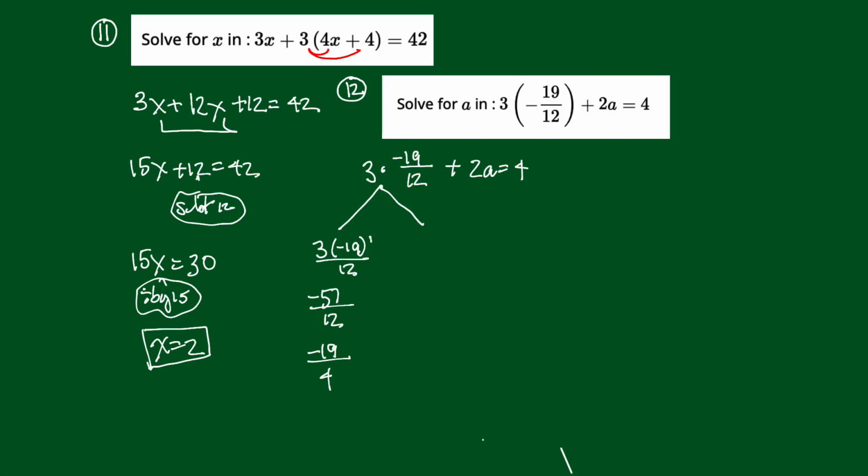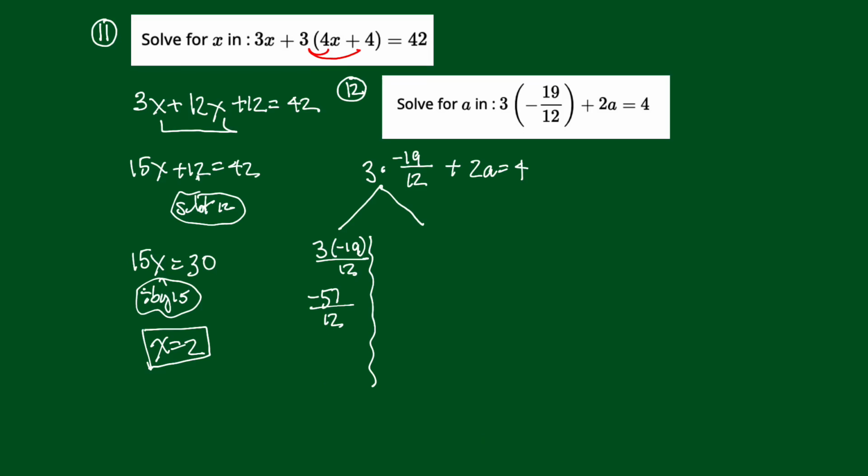Now, here is, I think, a better way to do it. Instead of multiplying the whole part by the top, why don't you just reduce it first? Just make a division. You can think of this like this. 3 times negative 19 all over 1 times 12. So now we've got a fraction.